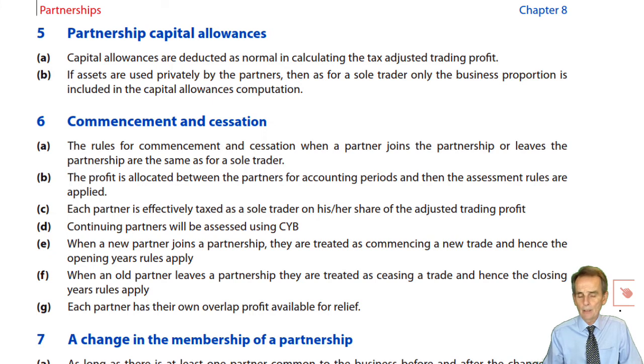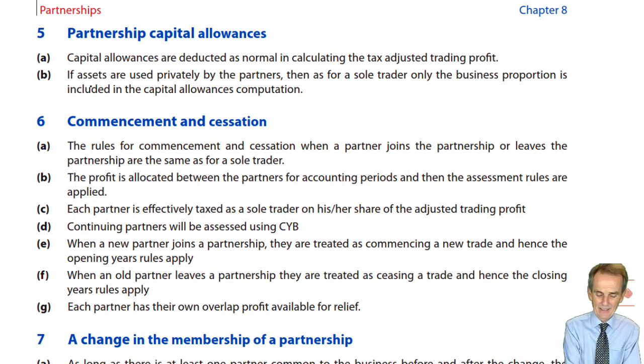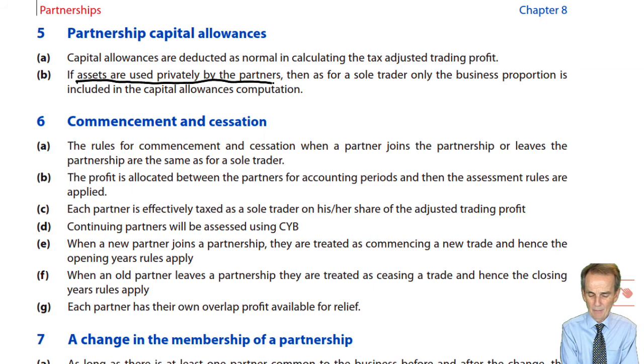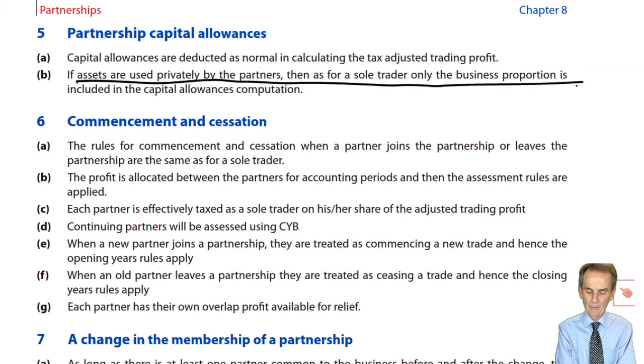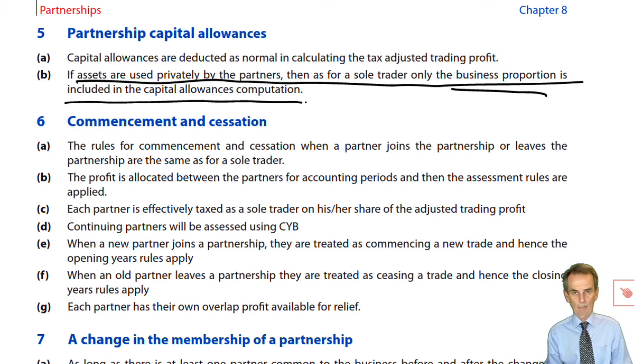We treat them just as we would a sole trader in terms of the capital allowances computation that we put together. So as it says here, if assets are used privately by the partners, then as we dealt with already in Chapter 5 for a sole trader, only the business proportion is included within the capital allowances computation.